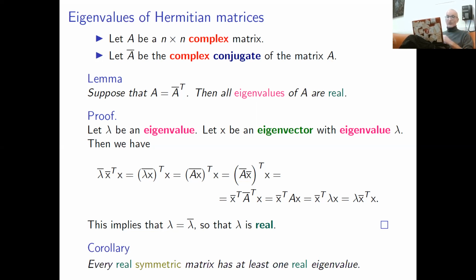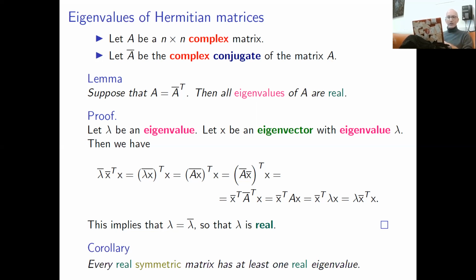So for example, for a 3 by 3 real matrix, we know that it has at least one real eigenvalue by the intermediate value theorem. But if it's symmetric, we know that all roots of the characteristic polynomial are real.